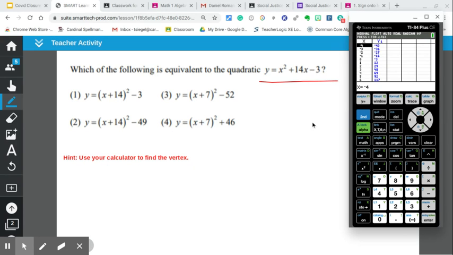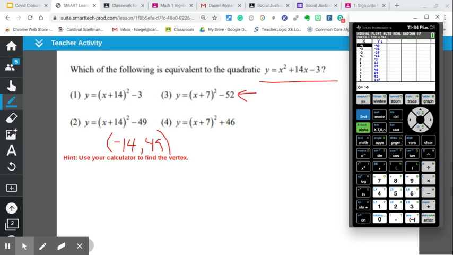Now we have some clues, right? We have y is going to be either negative 52 or positive 46. We can pick these off. This one has the vertex of negative 14, comma 49. Okay, so we can go there and see if that's where it's symmetrical.